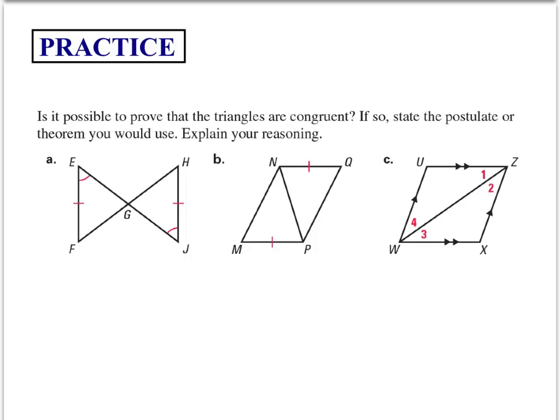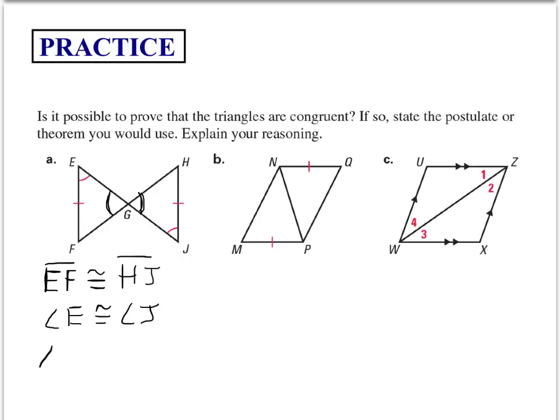So far, for these triangles, we know that side EF is congruent to side HJ. We know that angle E is congruent to angle J. Now we can look at this diagram and we can also conclude that this angle and this angle here need to be congruent because of the vertical angles theorem.